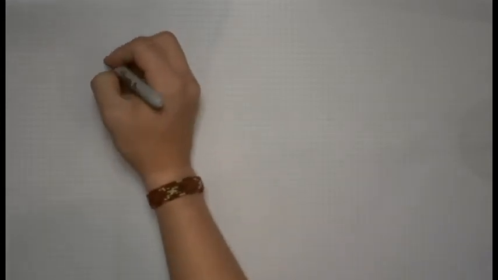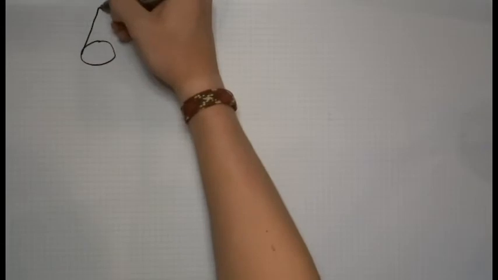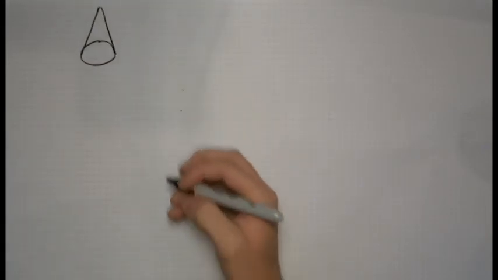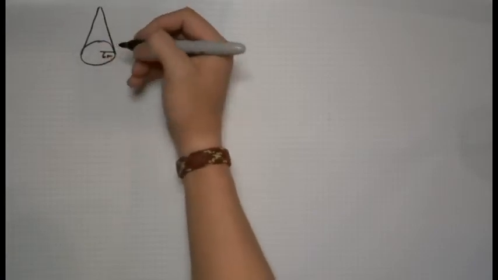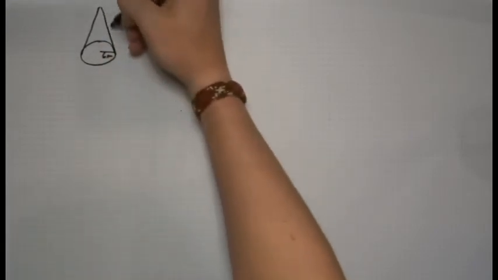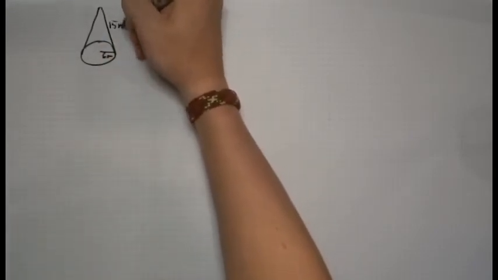So now that we've figured out how to find the lateral area of a cone, let's try some examples. So here, we've got a cone, and the radius is 6 meters, and the slant height is 15 meters.